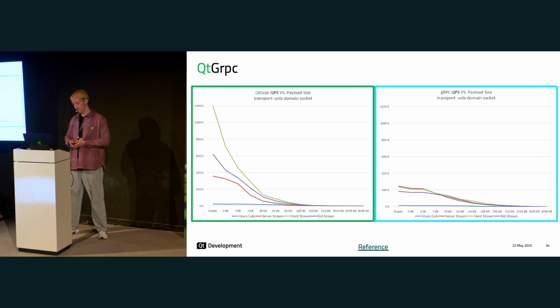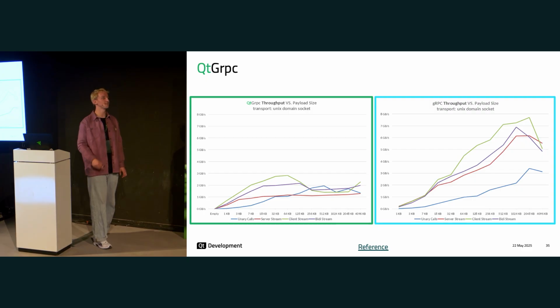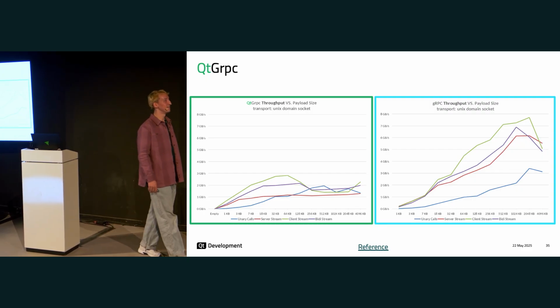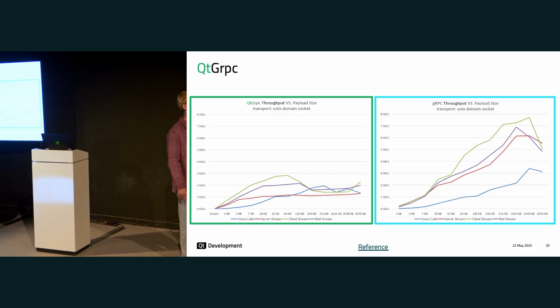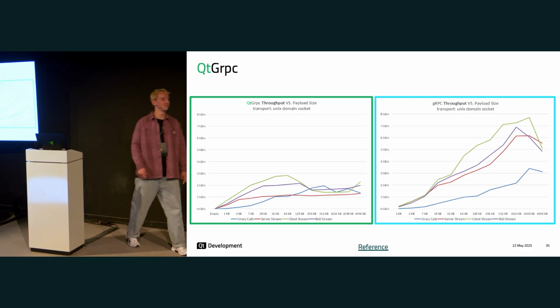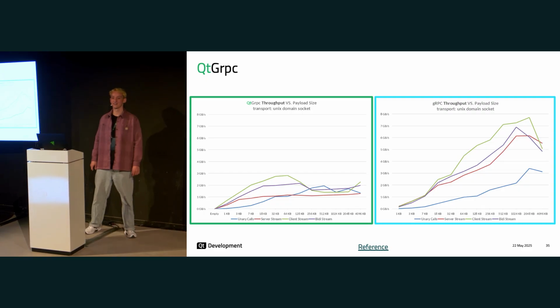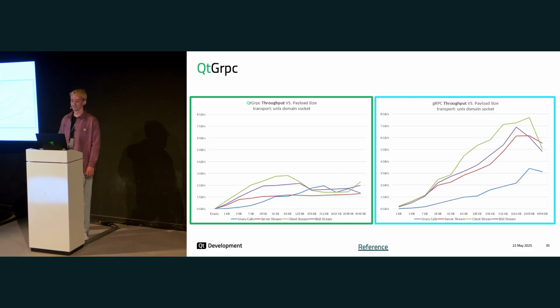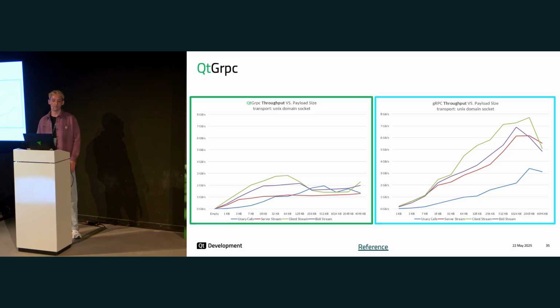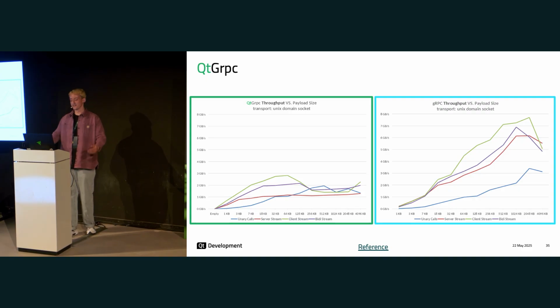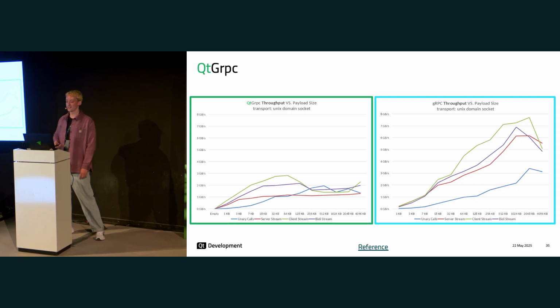But then our downside is we suffer on the throughput, or not a bit, we suffer quite a lot there yet. But I promise you, if you update your Qt version, we will fix it. You just have to update. So we max out there at roughly 3 gigabytes per second, and there's still more things that we can do.